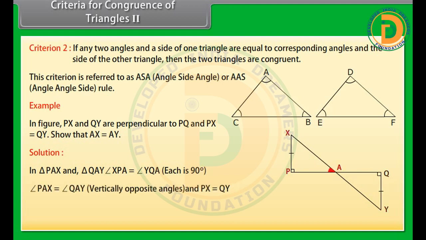Angle PAX is equal to angle QAY because these are vertically opposite angles, and PX is equal to QY. Therefore, by the AAS congruence rule, triangle PAX is congruent to triangle QAY. Therefore, AX is equal to AY, by CPCT.